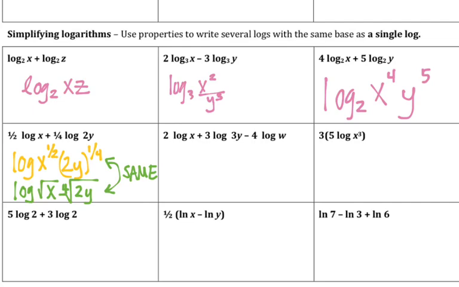But before, we separated the 2 and the y? Yeah. Okay, so the difference here is that we want to combine them into one thing instead of two things. So if we were trying to expand this, you're right, we would write it as a log of 2 plus a log of y.